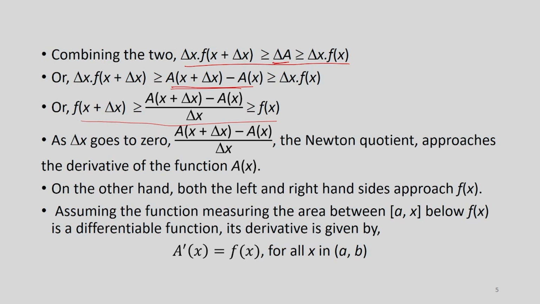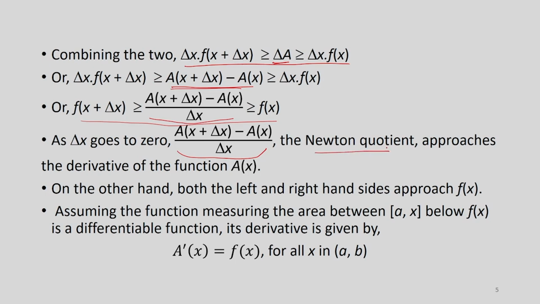Now, I take the limit of delta x going to 0 in this entire relationship, in this chain. If I concentrate on the middle portion, the second term, as delta x goes to 0, what happens to this? Just notice what this middle term is. This is nothing but the Newton quotient.